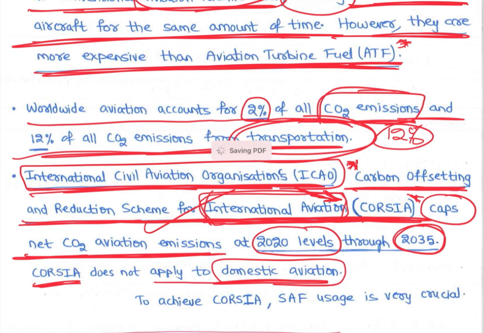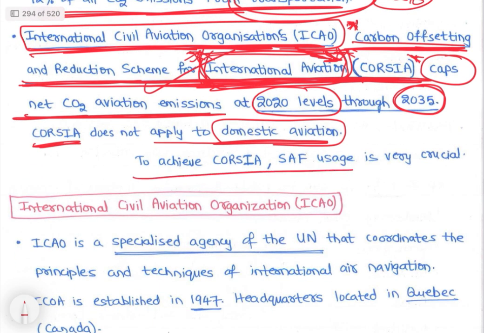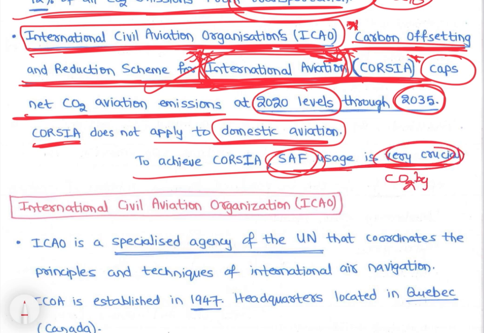That is the limitation. So CORSIA, the Carbon Offsetting and Reduction Scheme for International Aviation. To achieve CORSIA, sustainable aviation fuel usage is very crucial because it can reduce CO2 by 80%. See, 80%, not eliminate, reduce by 80%, right.